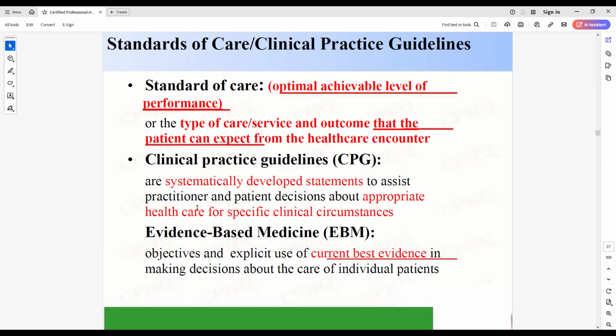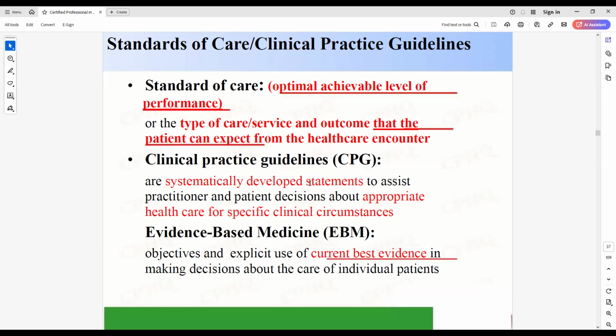So clinical practice guidelines are systematically developed statements to assist practitioner and patient decisions about appropriate healthcare for specific clinical circumstances. CPGs are usually disease specific, so you'll find clinical practice guidelines for asthma, clinical practice guidelines for venous thromboembolism.